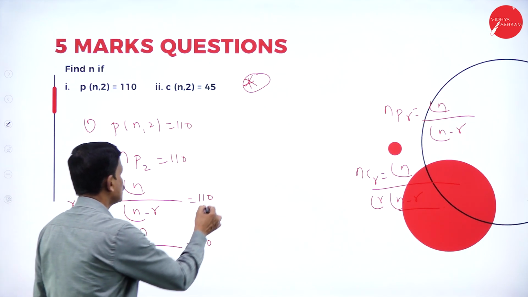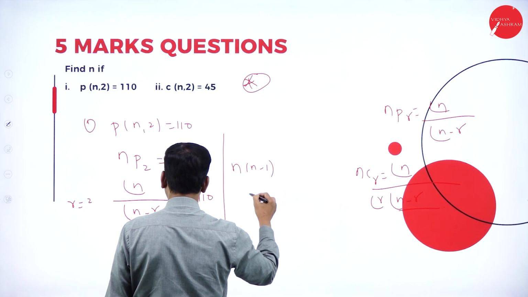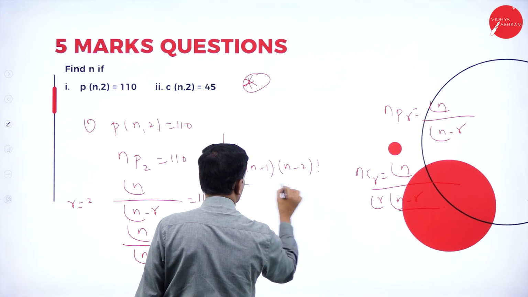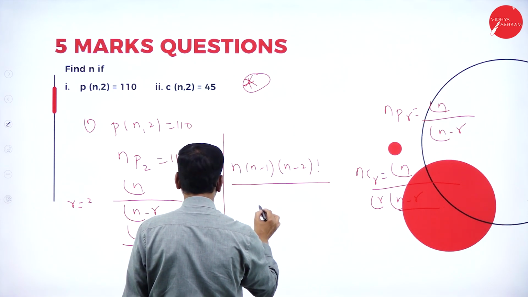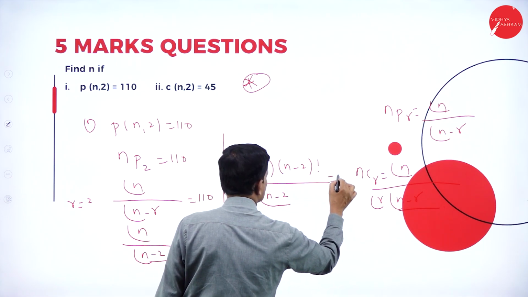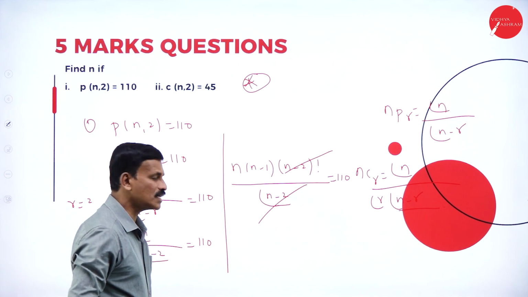Simplify this. What is the meaning of n factorial? It means n into n minus 1 into n minus 2 factorial, divided by n minus 2 factorial, equal to 110. So n minus 2 factorial gets cancelled.